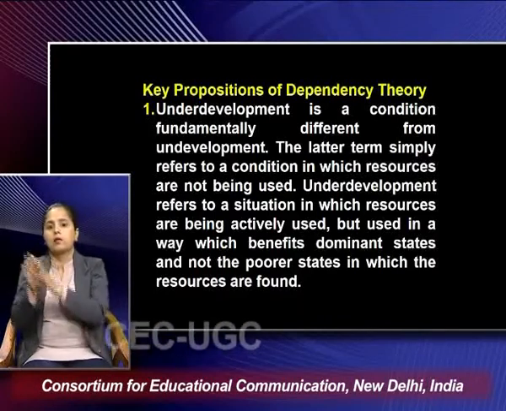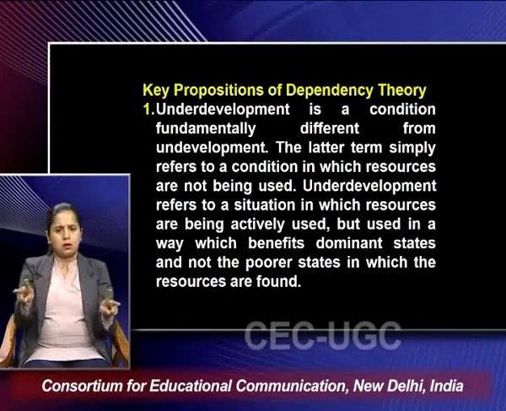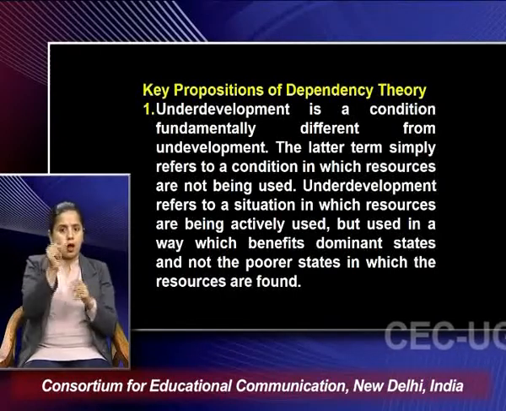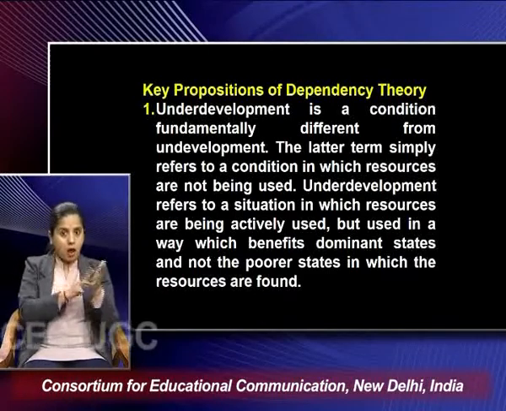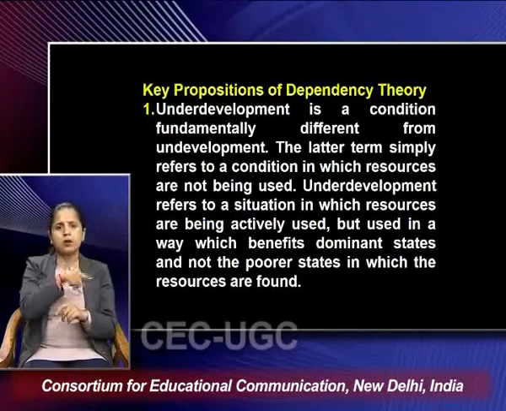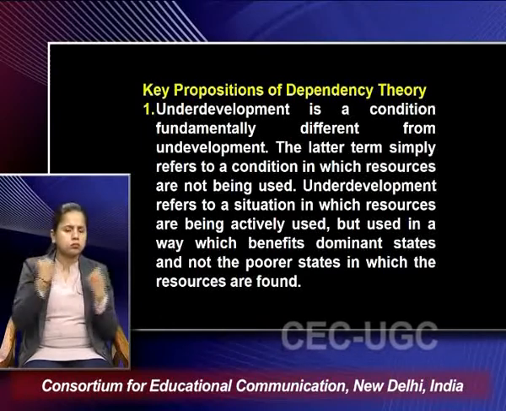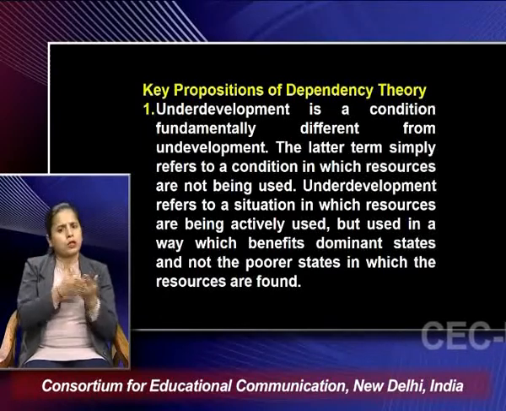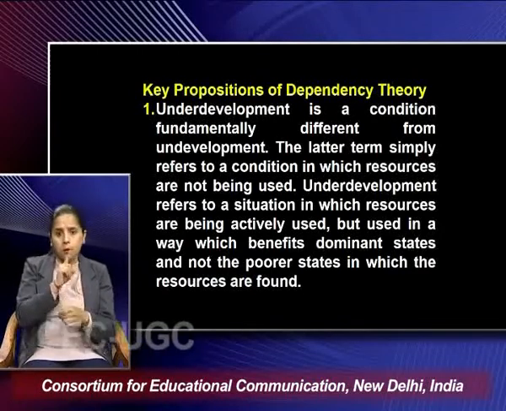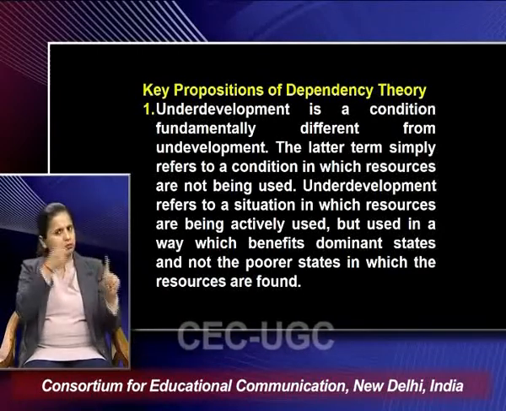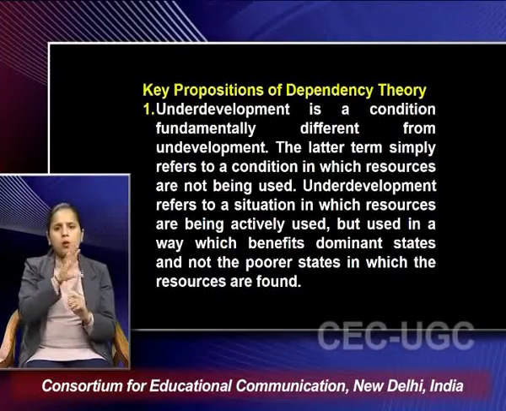Here we need to differentiate between these two terms, underdevelopment and undevelopment. When we talk about underdevelopment, it means that you are putting your best efforts, using all your resources, all your skills. You want to achieve the goal of development, yet somehow you are not able to do that.